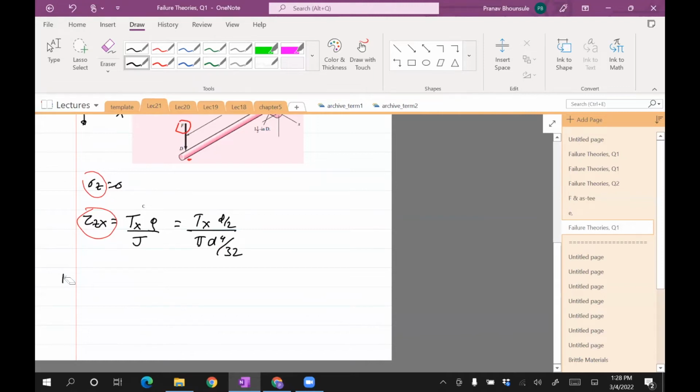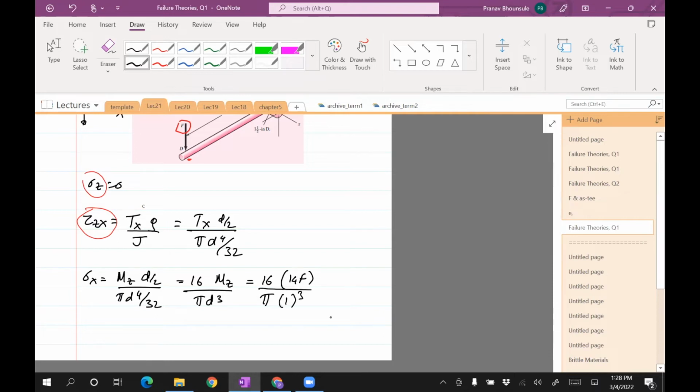So we are still in step 1. Sigma x equals Mz divided by 2, pi d raised to 4 divided by 32, which will come out to be 16 Mz divided by pi d cube, equals 16. So Mz, I'd written down the formula. It was 14 times F divided by pi times 1 cube.